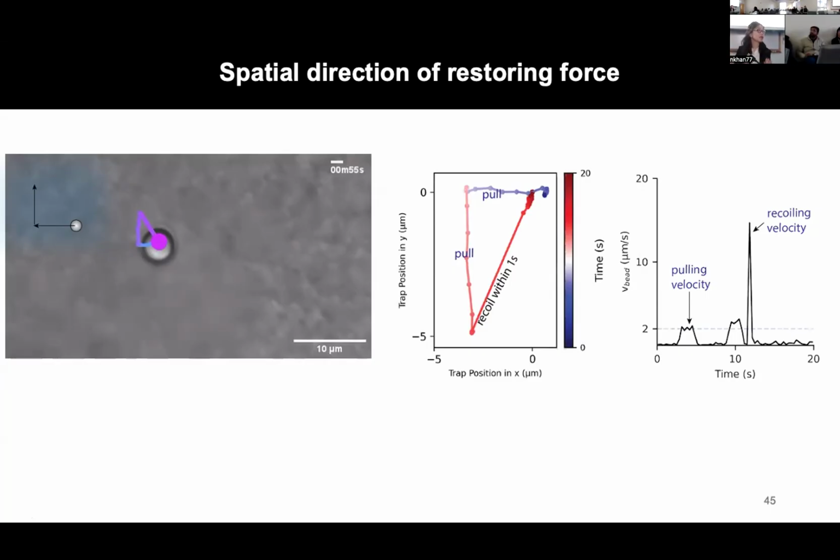When I checked the literature, what they say is that the system basically memorizes the elastic modulus along both ways, and then bounces directly back to the original place. Another thing I want to emphasize is that this recoiling velocity is huge, around 15, almost 20 microns per second. It shows the system can store energy and perform this kind of fast movement.